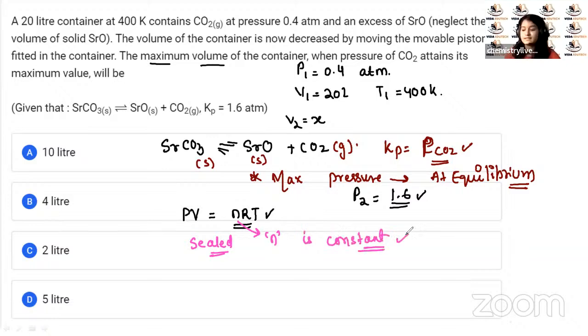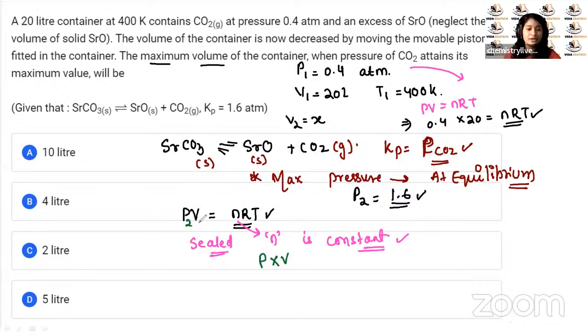So the value of n is constant, which means from here I can find the value of nRT. So PV is equal to nRT, so I can write 0.4 into 20 is equal to nRT. Now for the second case, P2 into V2 is equal to nRT.